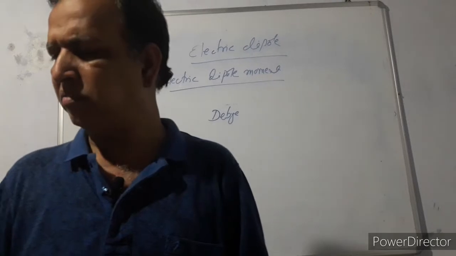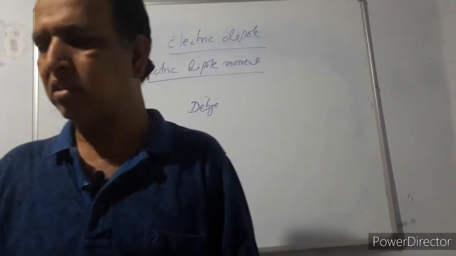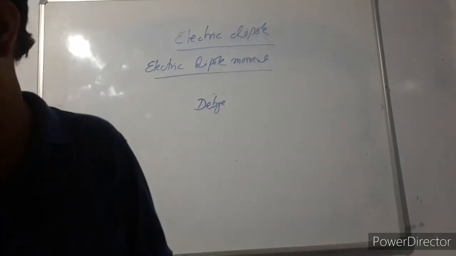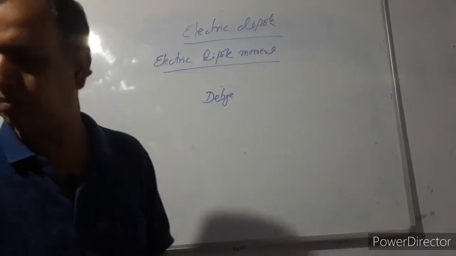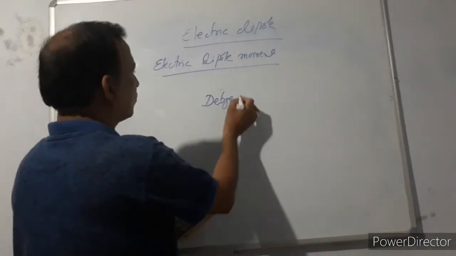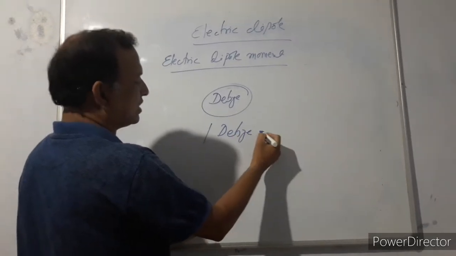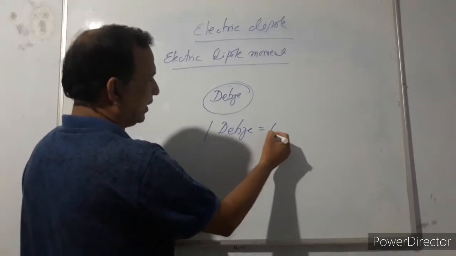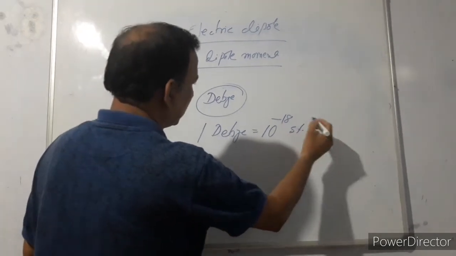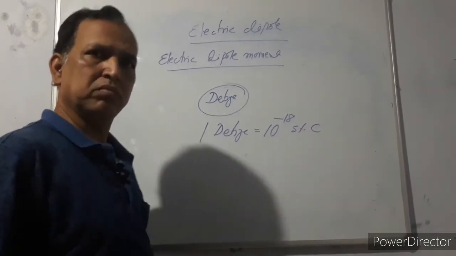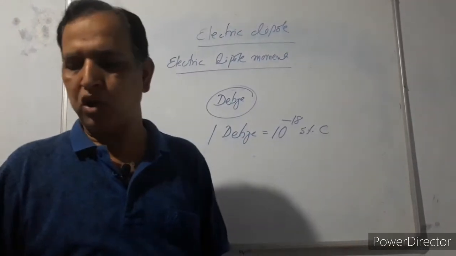The relation between the debye and the statcoulomb: 1 debye is equal to 10 to the power minus 18 statcoulomb. Clear? This is all about your dipole moment.